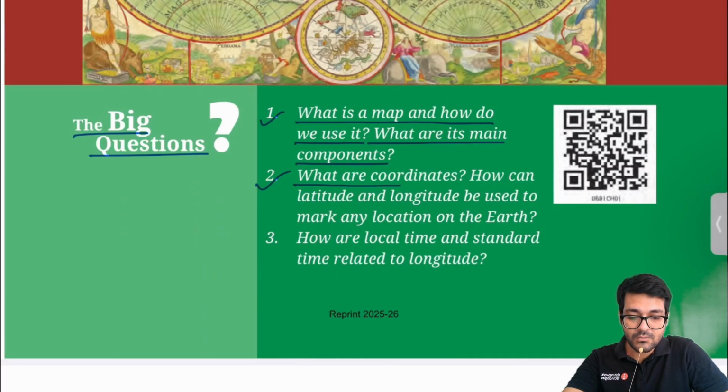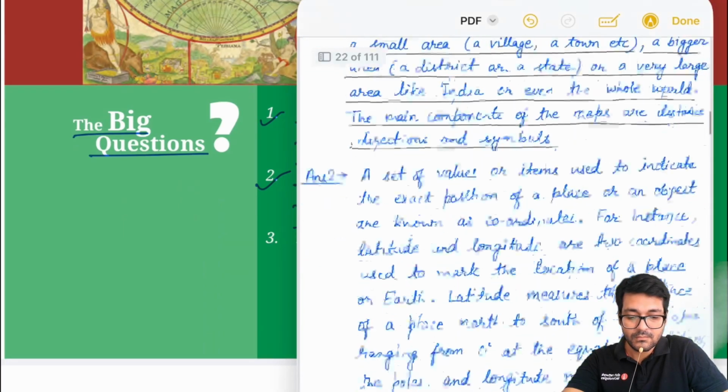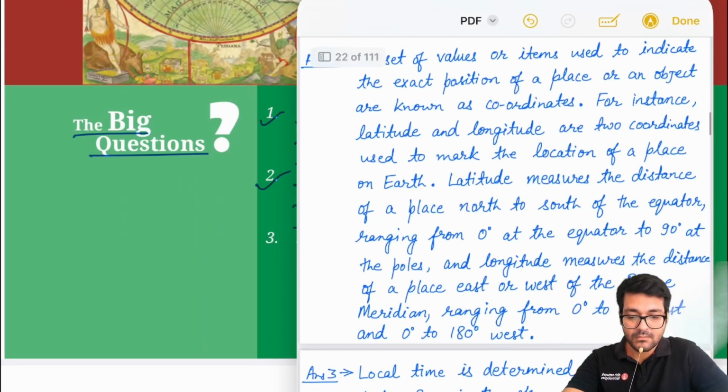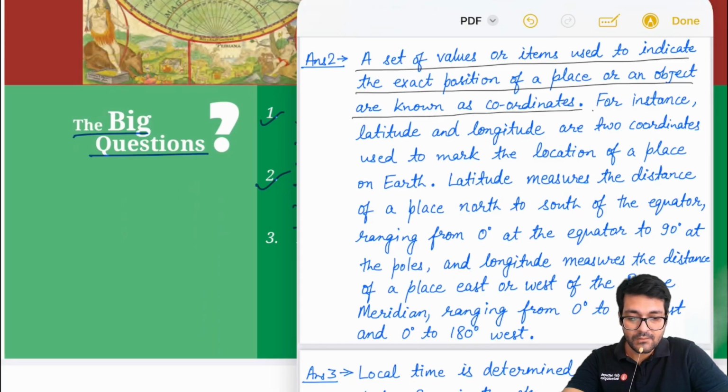2. What are coordinates? How can latitude and longitude be used to mark any location on the earth? A set of values or items used to indicate the exact position of a place or an object are known as coordinates. For instance, latitude and longitude are two coordinates used to mark the location of a place on earth.